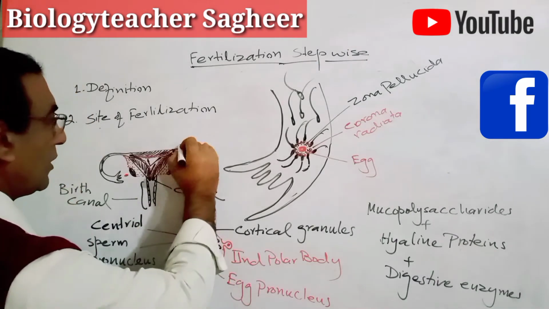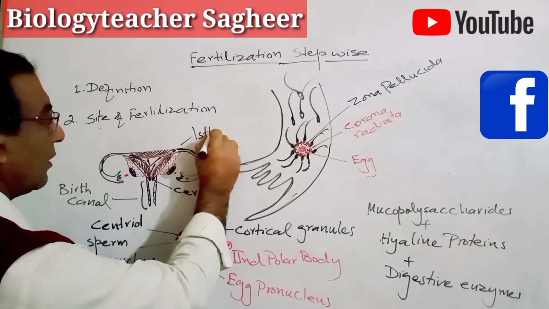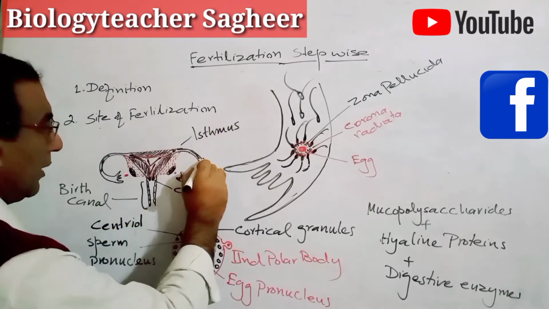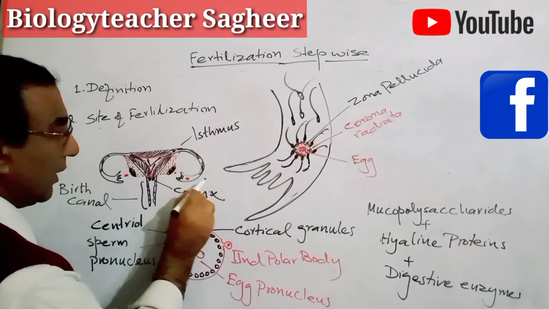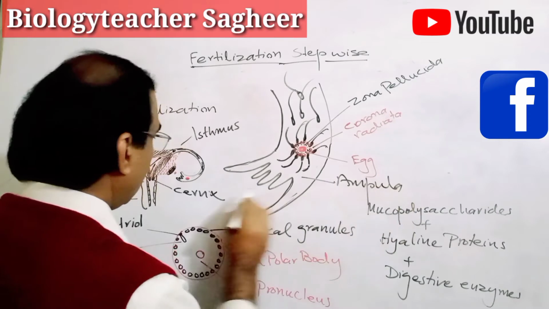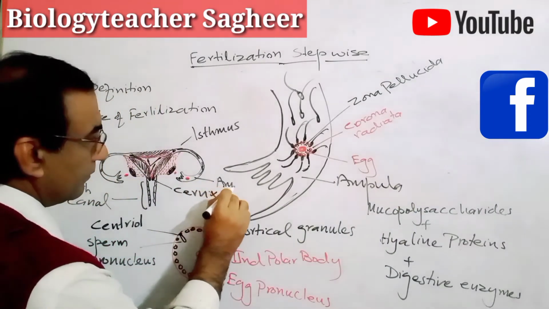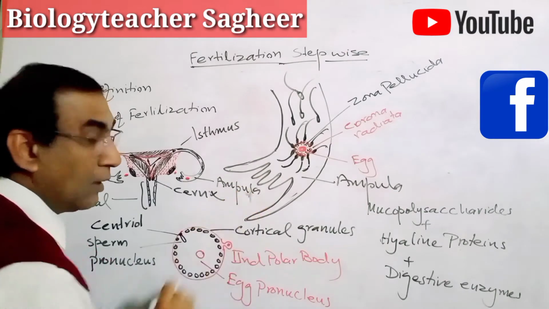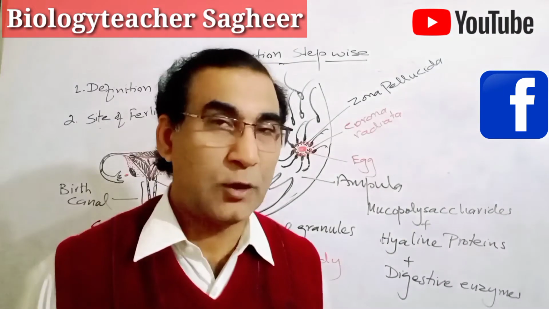This is the isthmus, and this is known as the ampulla, the ampulla of the oviduct or the fallopian tube.